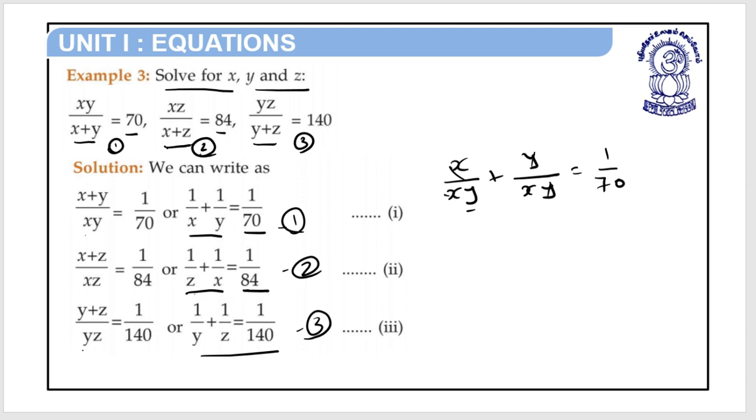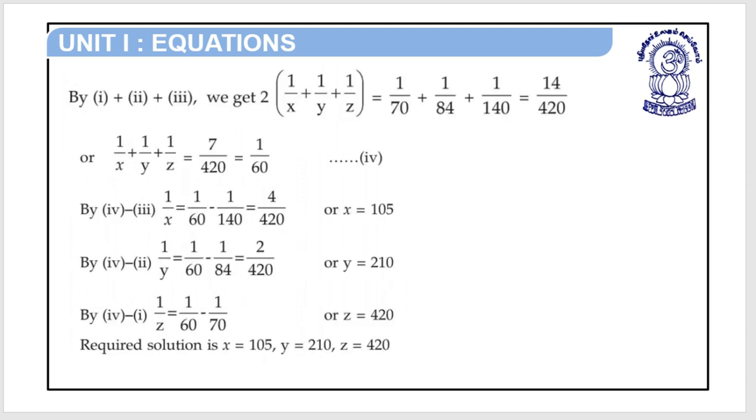Now solve these equations by adding 1, 2 and 3. We get 2 times (1 upon x plus 1 upon y plus 1 upon z) is equal to 1 upon 70 plus 1 upon 84 plus 1 upon 140. Now the result we will get is 14 upon 420.